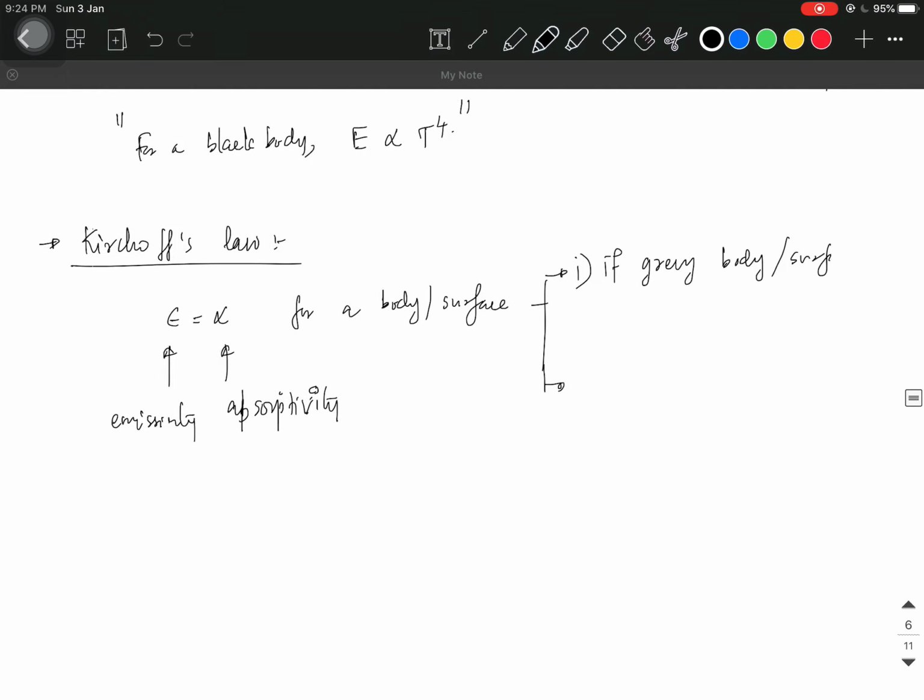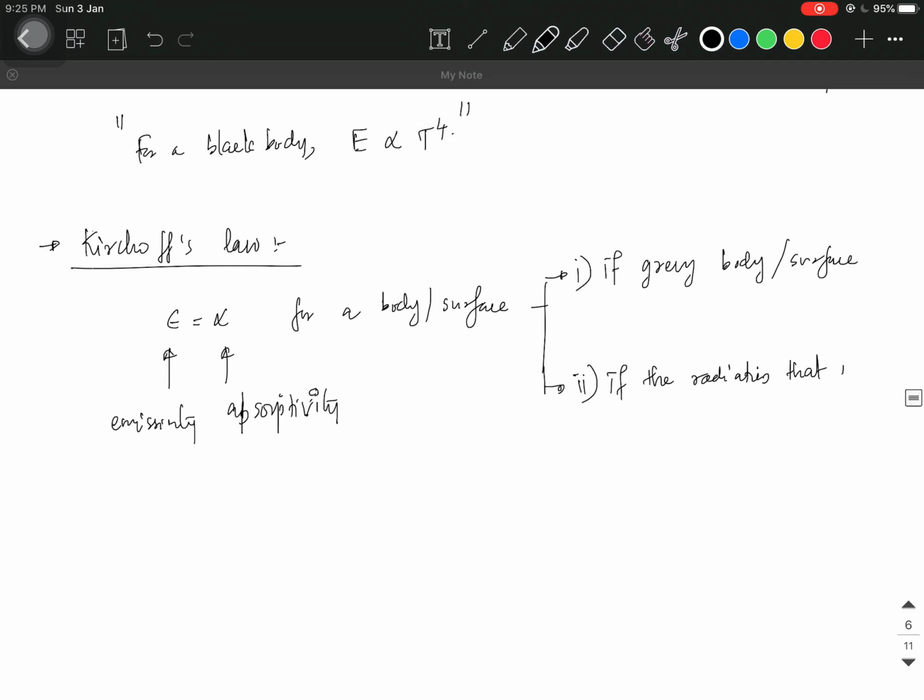That is, the first condition is if it is a gray body or surface, otherwise, or if the irradiation, or the radiation that is incident on the body, is directly from a black body at the same temperature as that of the body that we are considering.